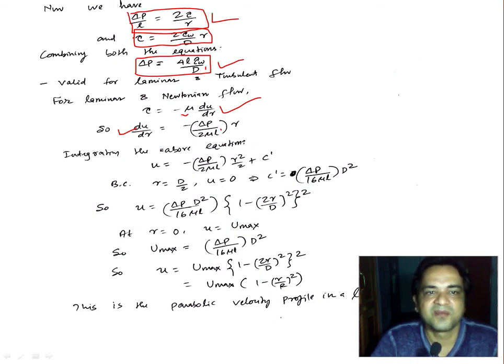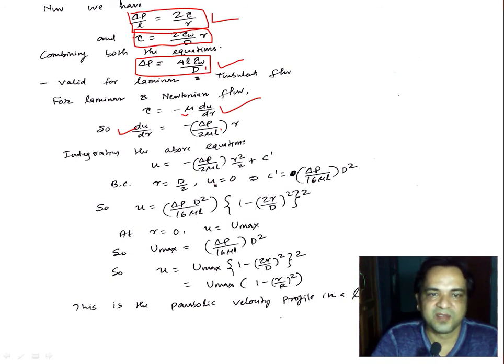Now you have to integrate this. From this expression we will get the velocity profile by integration: u equals minus ΔP by 2 mu L into r square by 2 plus a constant. How will you get the constant value? Again using the boundary condition.